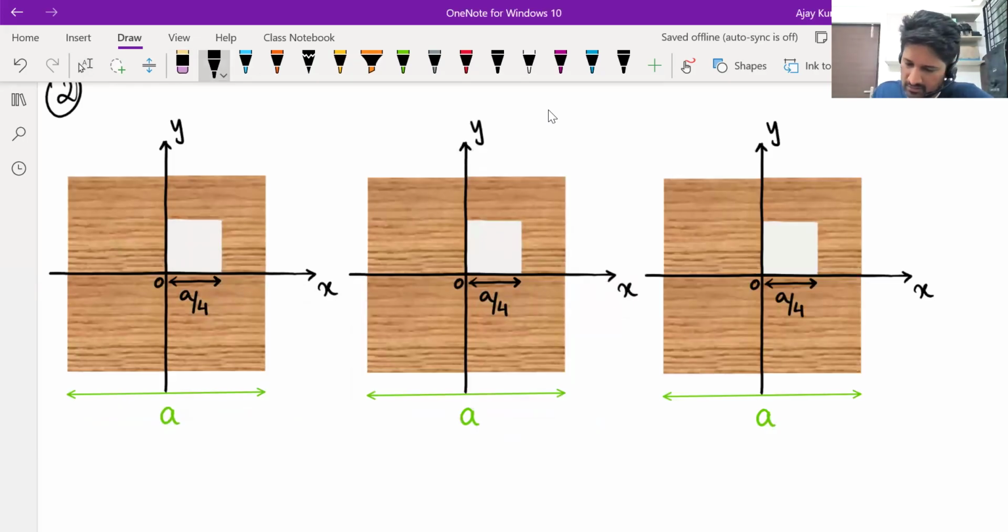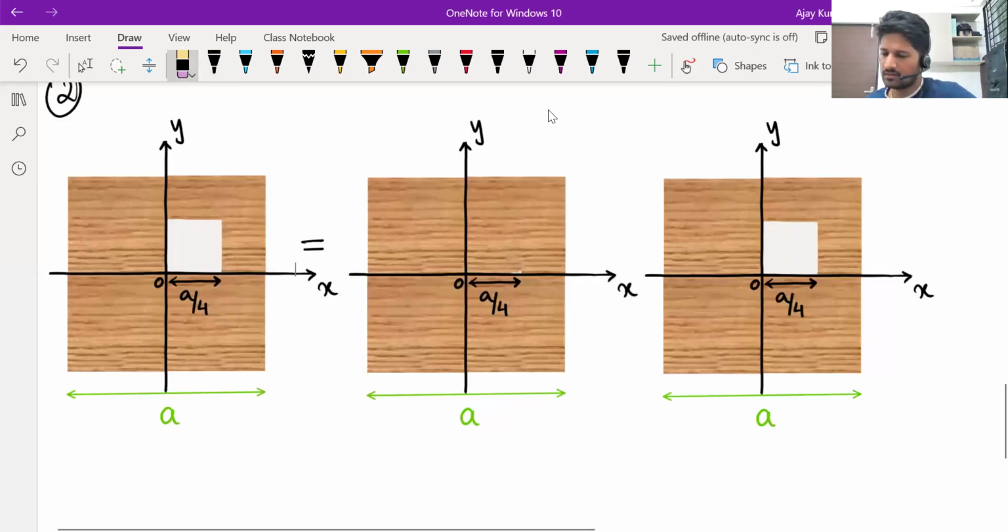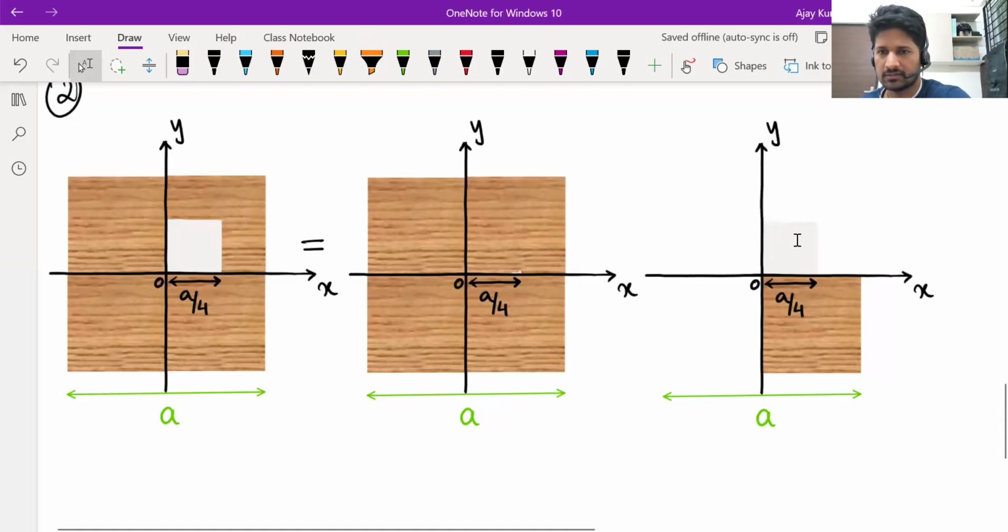First, the original system is equal to the full system plus the removed mass, which will be treated as negative mass. Just a moment, let me adjust all this.